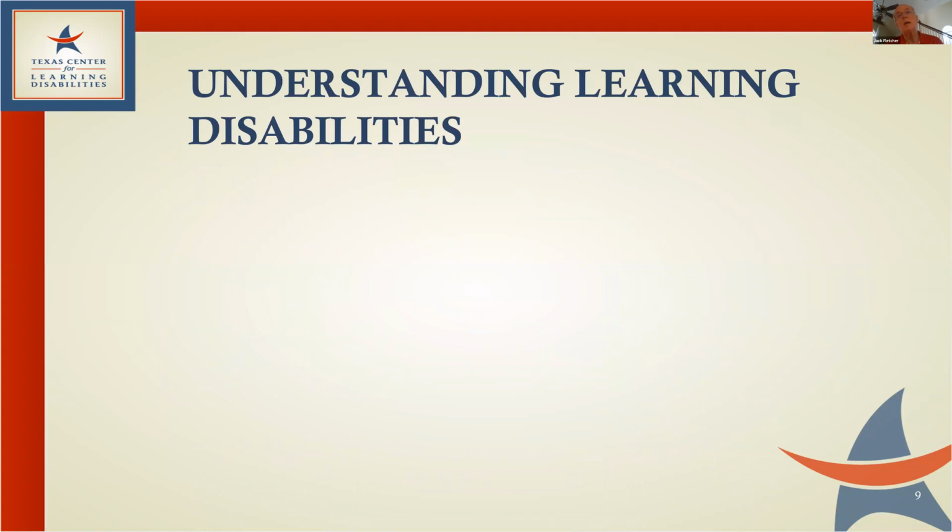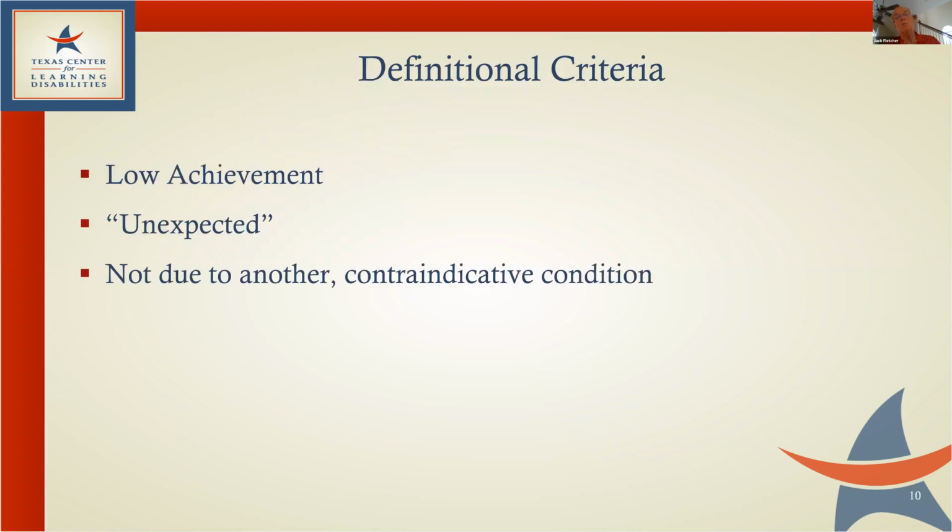So in order to understand assessments, you have to understand learning disabilities and what they are. Your understanding will depend on the conceptual model that you use. The key definitional criteria, I refer to these as the attributes of a classification that tells us who meets criteria for a learning disability and who doesn't.